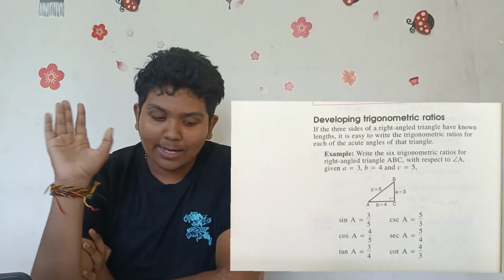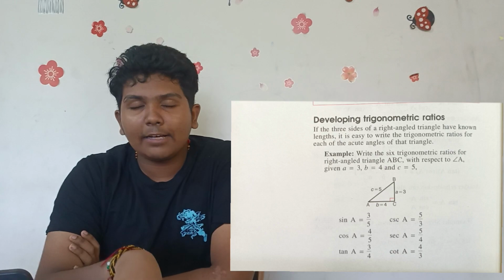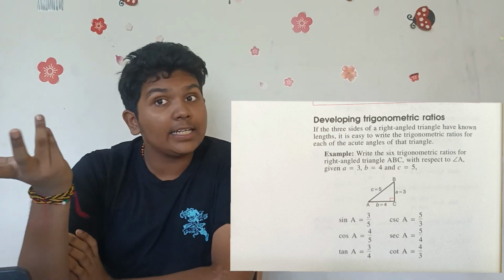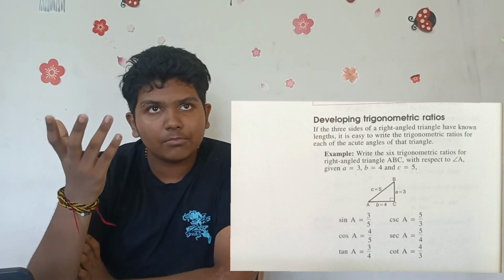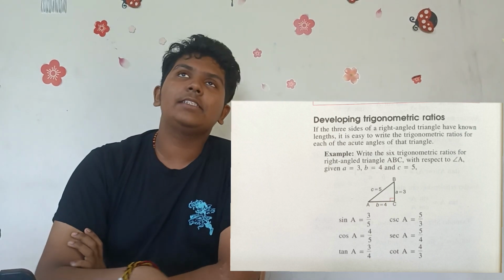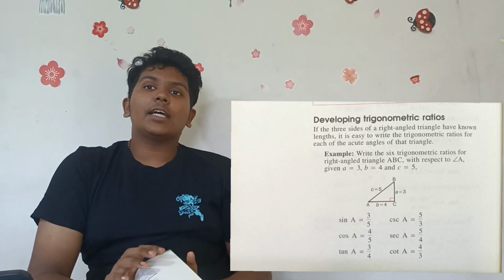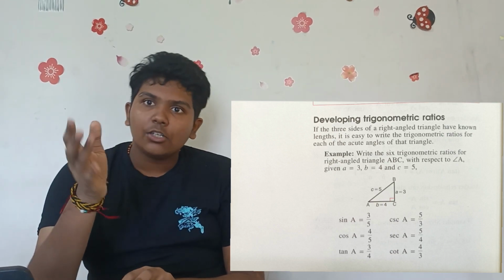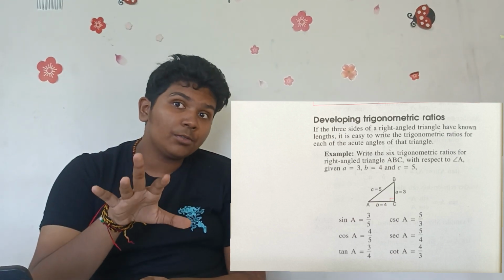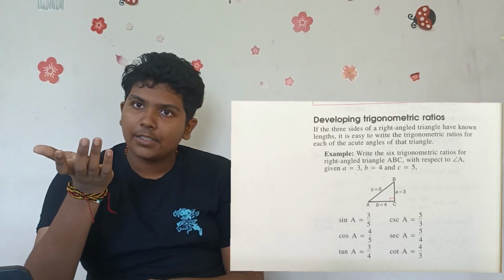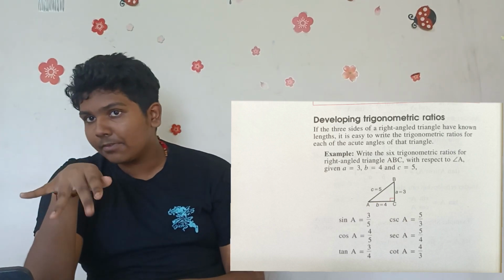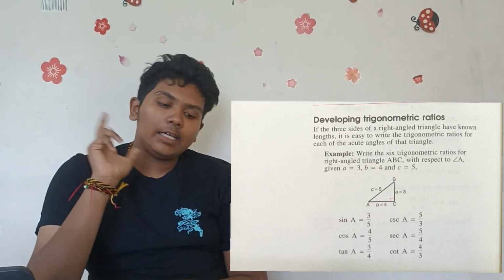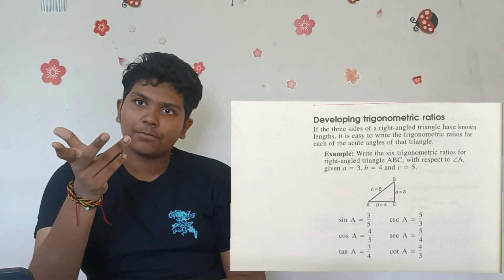Okay, hold on. So, developing this. Let's take sin A is equal to something. What is sin A's alphabet ratio? It was A by C, right? So let's take A is equal to 3 and C is equal to 5. It will be 3 by 5. And let B be equal to 4.